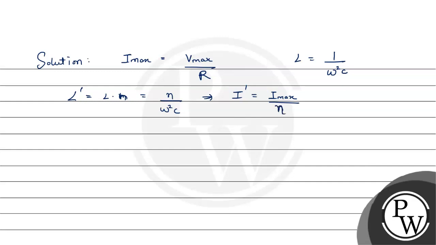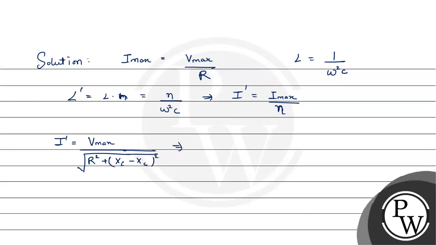So current decreases eta times. So here we can write I dash is equal to V max upon square root of R square plus (XL dash minus XC) whole square.